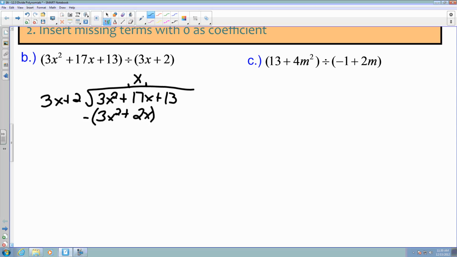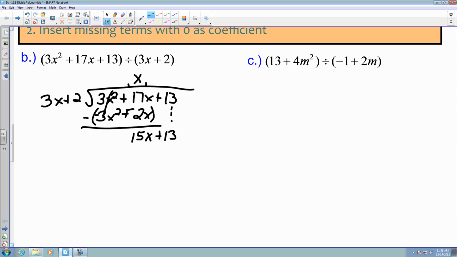And that gets subtracted, both terms. So if I distribute that negative to both of these, it'll be a minus 3x squared and a minus 2x. So 3x squared minus 3x squared gets canceled. And 17x minus 2x gives me a 15x. Now I must drop down my 13, so I get plus 13.